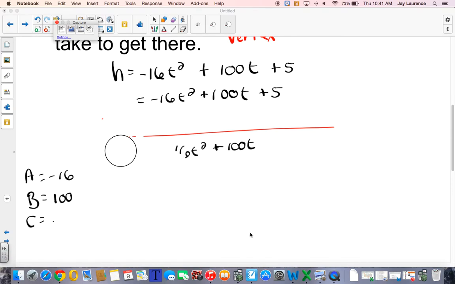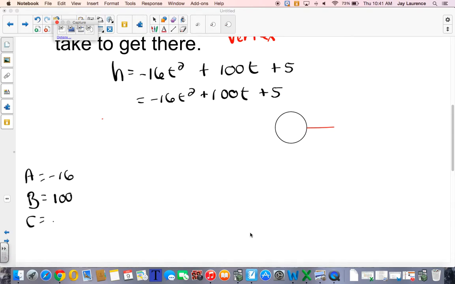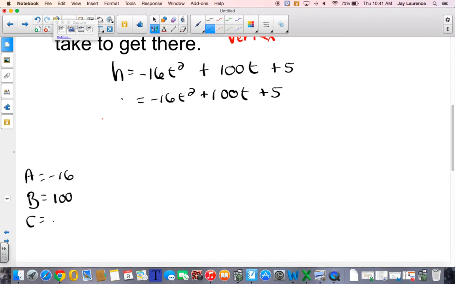Sorry about that. So I can go right to 0 here. And that makes a, b, and c negative 16, 100, 5. Now to find the discriminant, I'll do 100 squared minus 4 times negative 16 times 5.